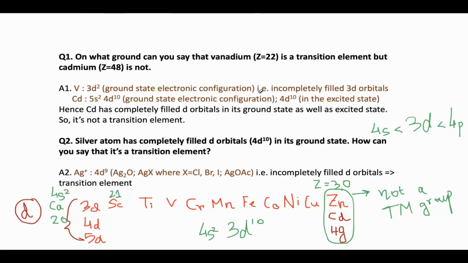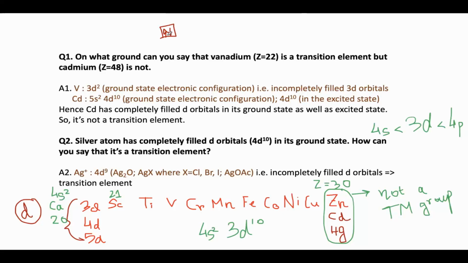Now when we have reached zinc, let's draw the electrons in the orbitals and see how the zinc atom's electrons are filled. In the 4s orbital, we have 2 electrons. Both electrons will be paired up here, because we know in one orbital there can be at most 2 electrons.